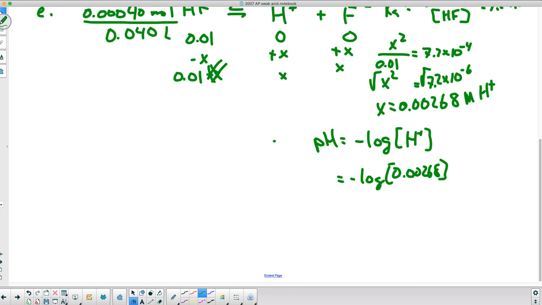I take this here, 0.00268, take the log, and then make it negative. So I get a 2.57 as my pH. Boy, that was easy, huh? There we go. 2.57 as the pH.